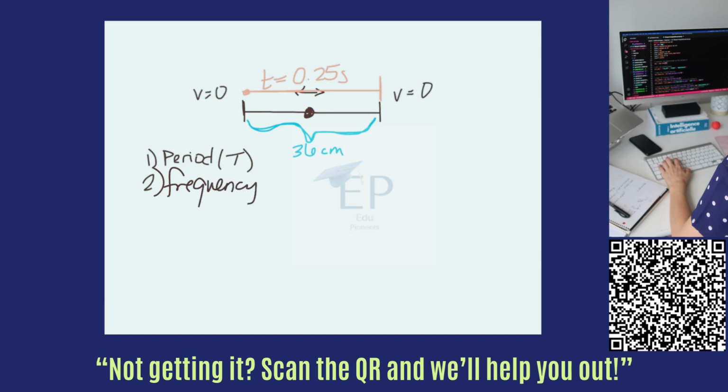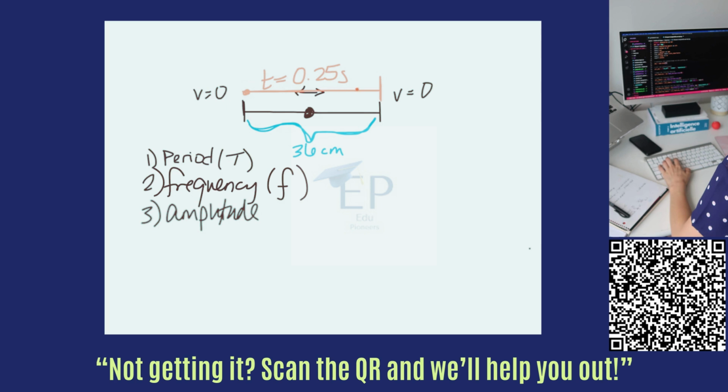How many oscillations can it complete over a 1 second period of time? And the variable for frequency is an f. And finally, the last thing we are asked to find is the amplitude for this oscillation.